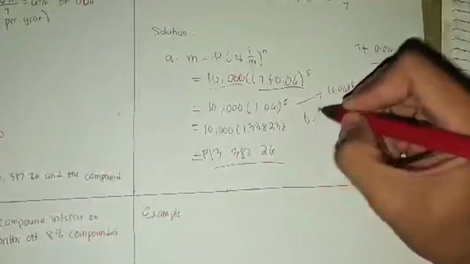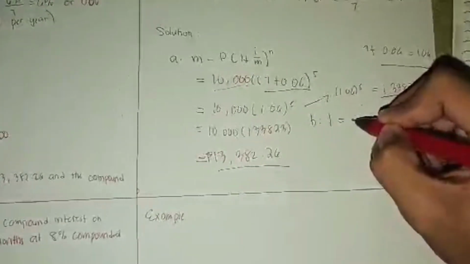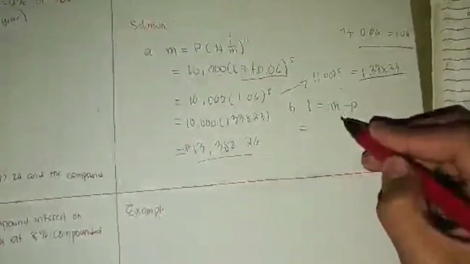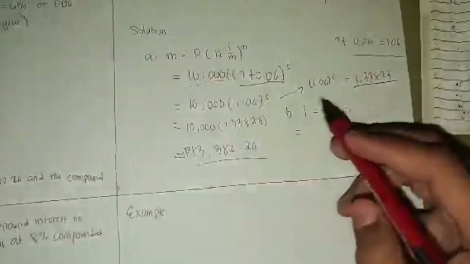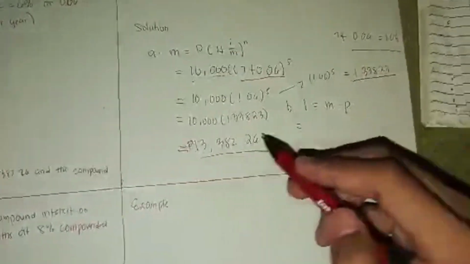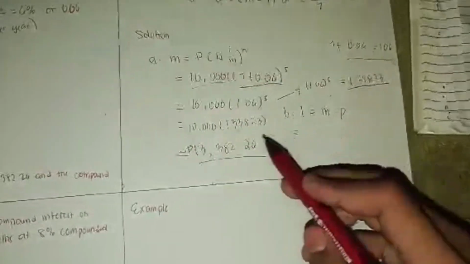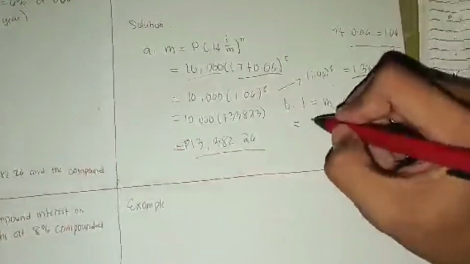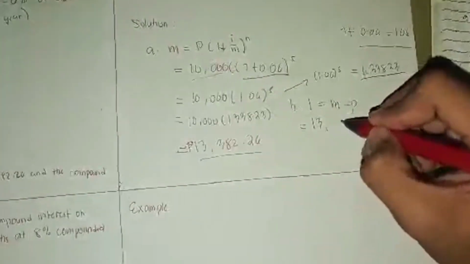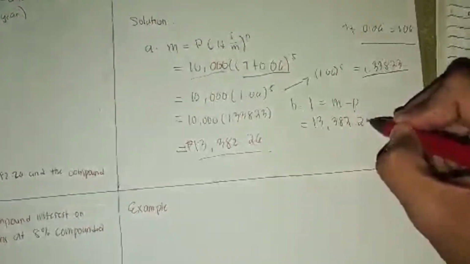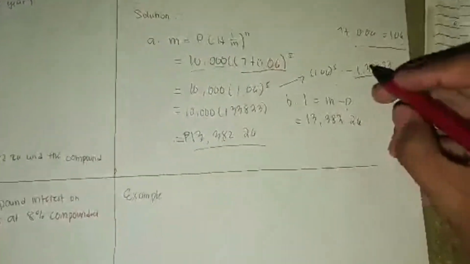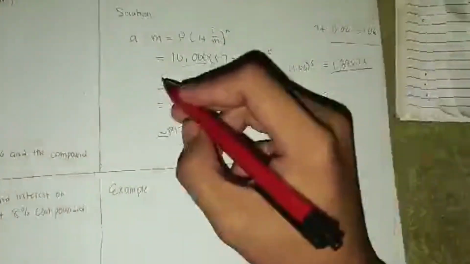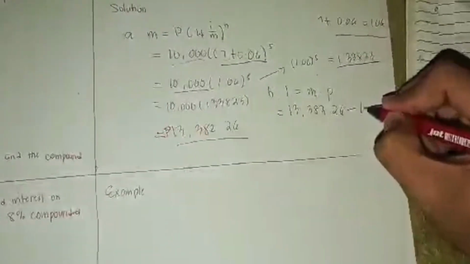And in the letter B, this is the solution in the letter B. All you have to do is to take the answer of letter M, which is 13,382.26, and you have to subtract it with the letter P, which is this 10,000.